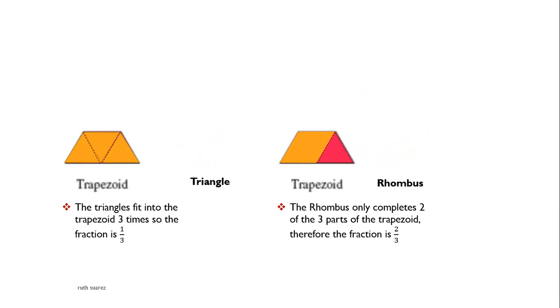Therefore, the fraction is going to be 2/3 because it only shades 2 out of those, as you can see right there, because we have 1, 2, and 3, and this only fills those 2.